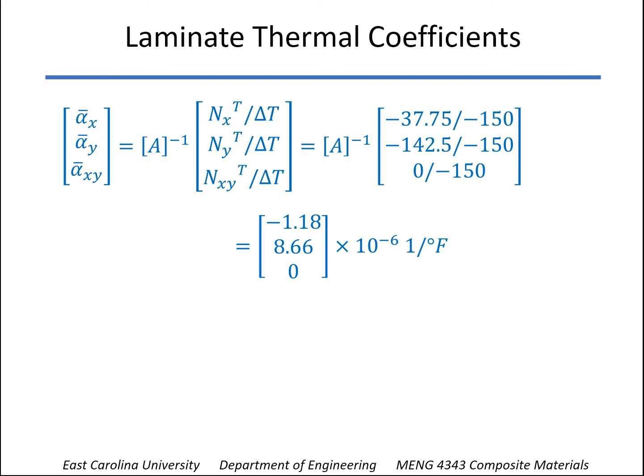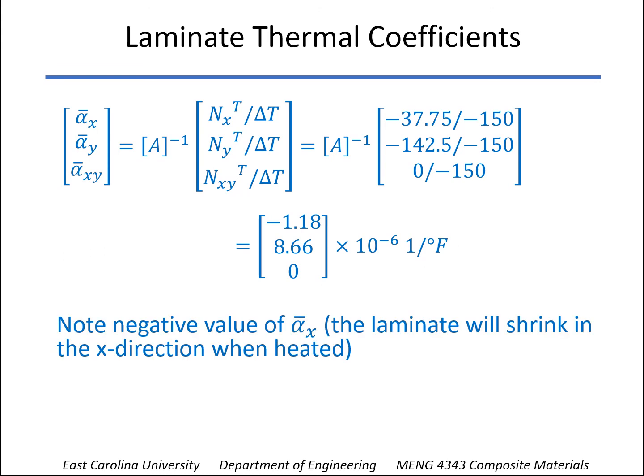And here's what we come up with for those thermal coefficients. Now you can see in the x direction it is negative, and it's larger than it was for just the 0 degree fibers. And in the y direction, it's more like what you would see for a metal, 8 times 10 to the minus 6. So again, the laminate will shrink in the x direction when it's heated.